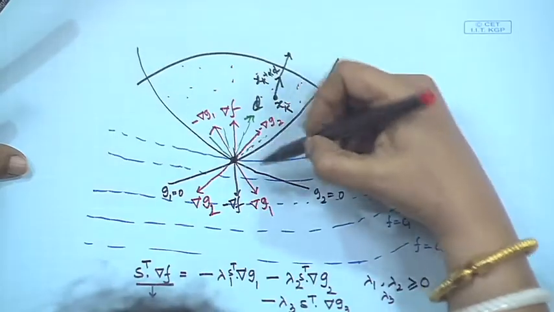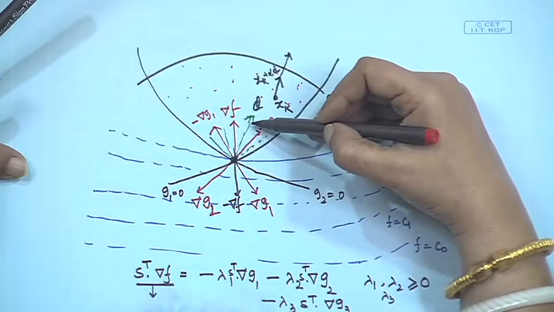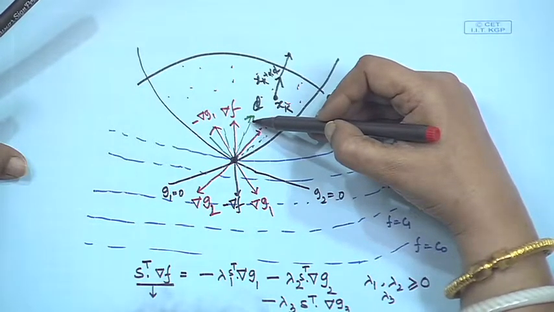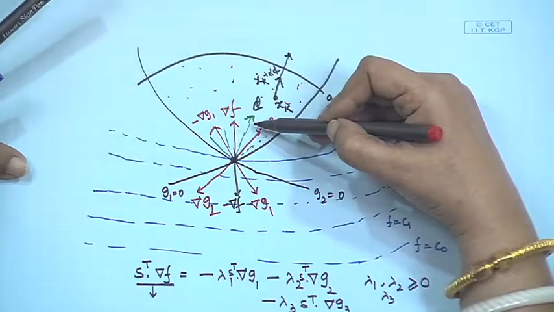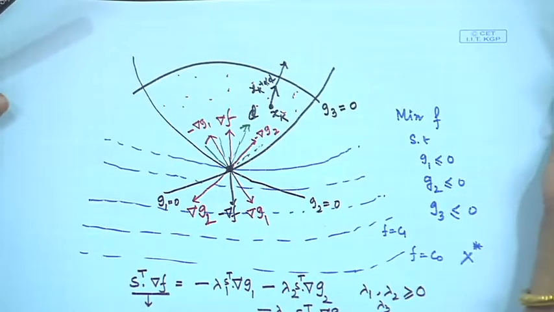Descent direction or ascent direction can be defined with respect to the objective function, but feasible direction can only be defined with respect to the constraint set, because this is the collection of feasible points, that is the collection of points which satisfy all the constraints together. That is why feasible direction is with respect to the constraint set.